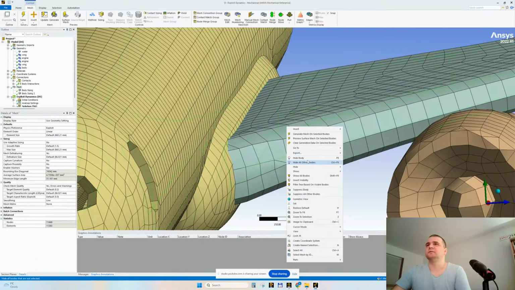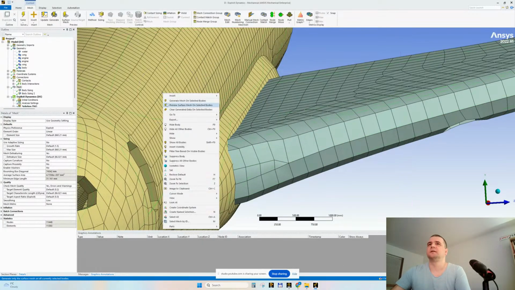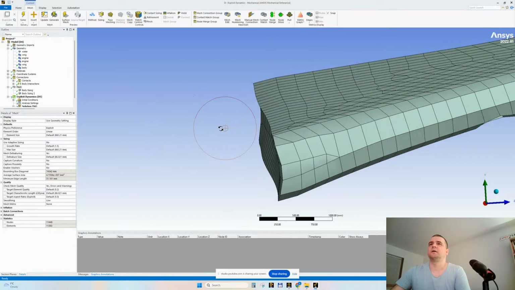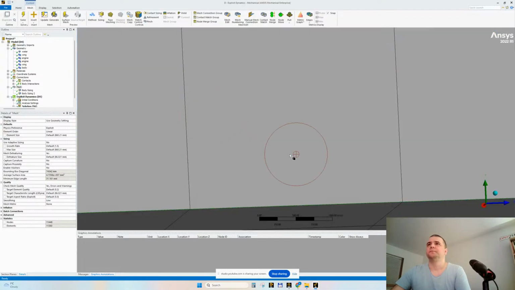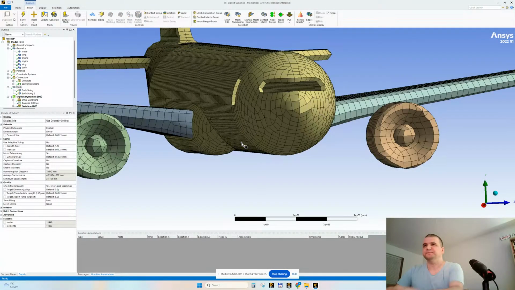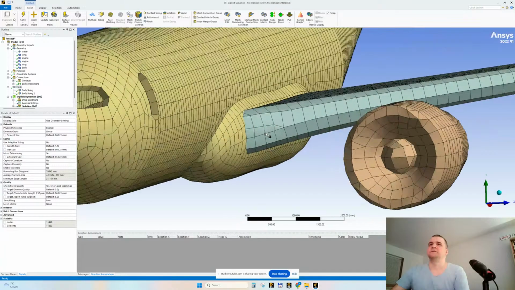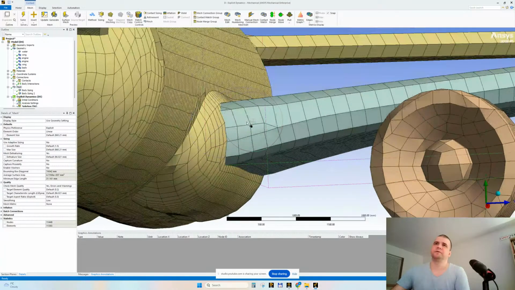Let's only select all these. Ah, it's not possible. Because there is a 75 millimeter offset on the exterior side of the surface, these faces, then we have like a collision, but it's not, let's say, real.